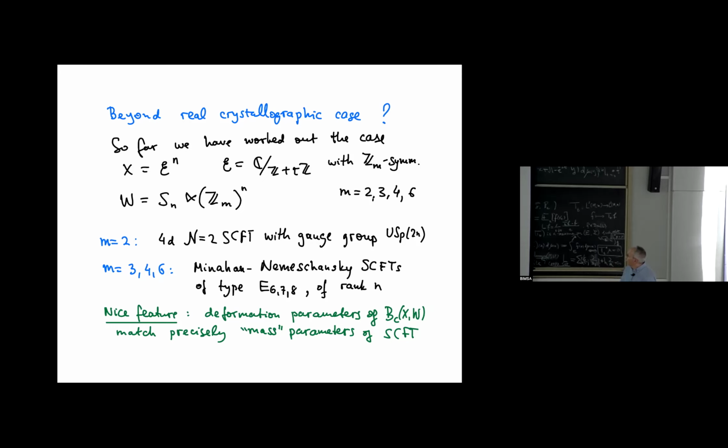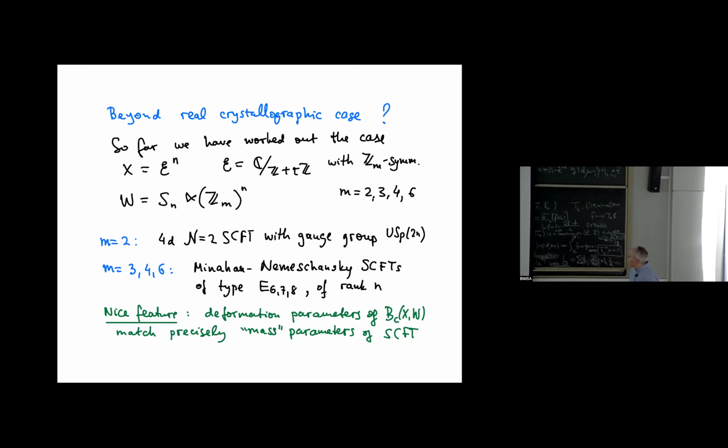The complex crystallographic group associated to this case, the finite group generated by reflections, will be what is sometimes called the wreath product of Sn with Zm, or a semi-direct product. Here the roots of unity act on each copy of the elliptic curve, and the symmetric group just interchanges the factors.